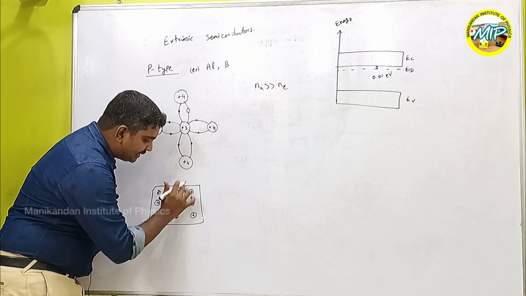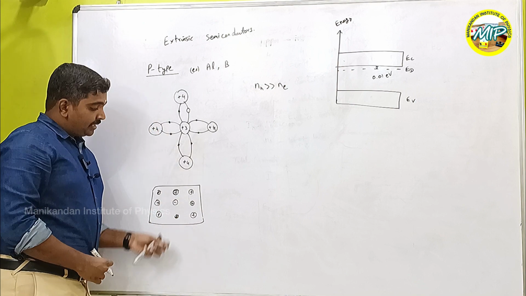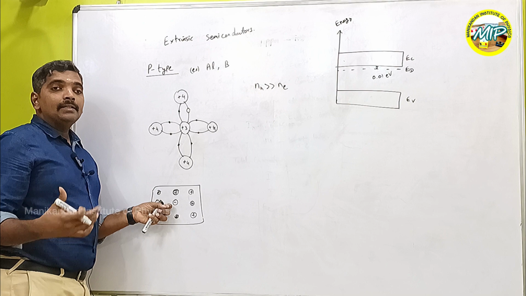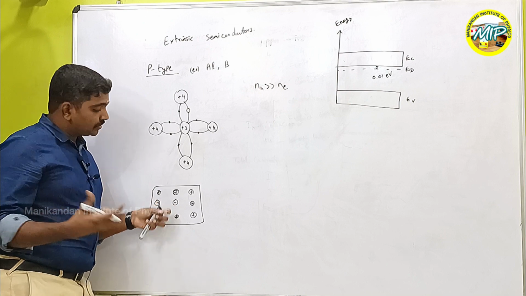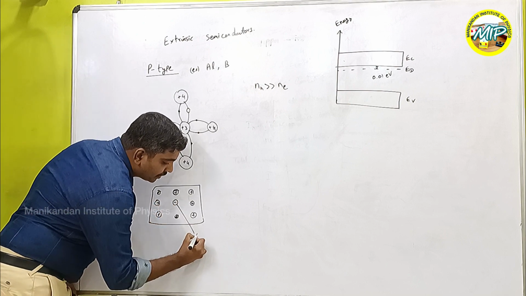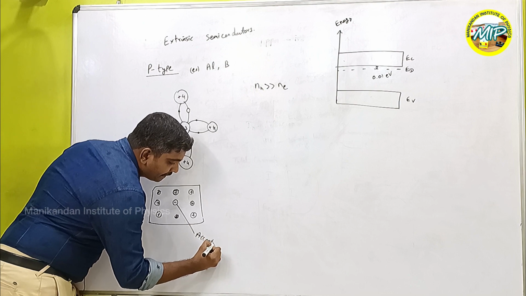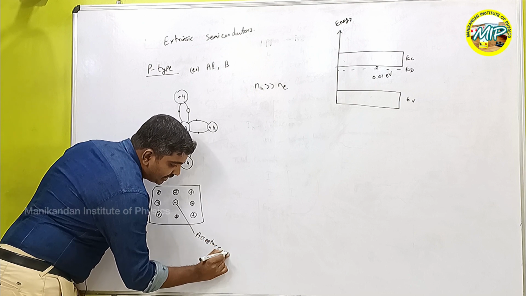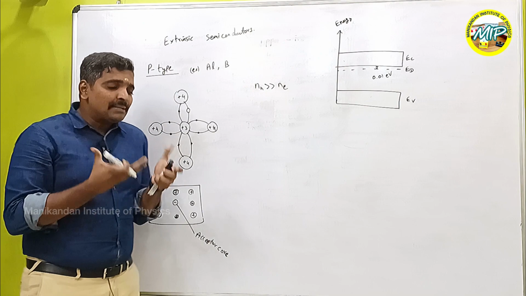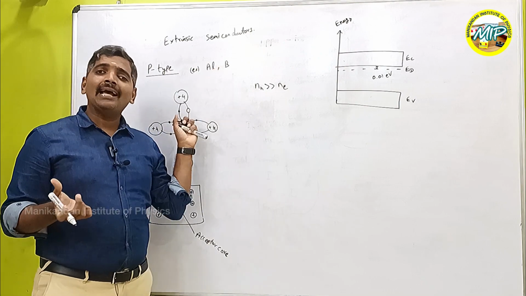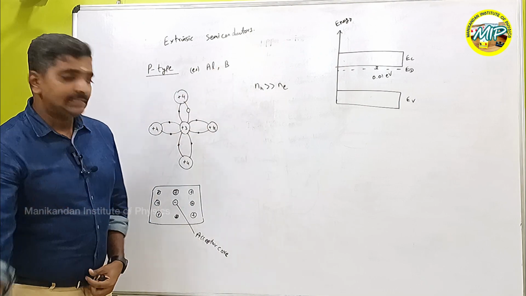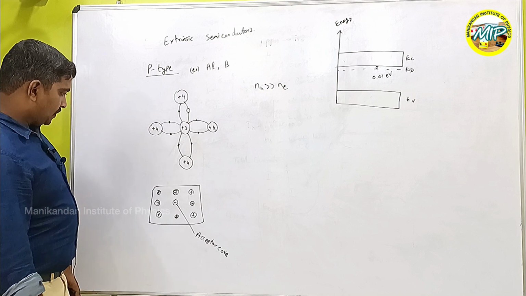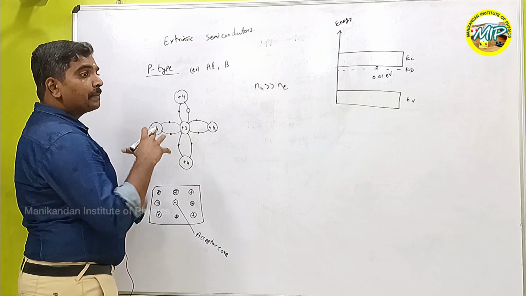These plus signs stand for the silicon, this minus sign stands for the impurity. This is called the acceptor core. Each acceptor, each impurity will accept one electron from the silicon. Okay, so what is the process?